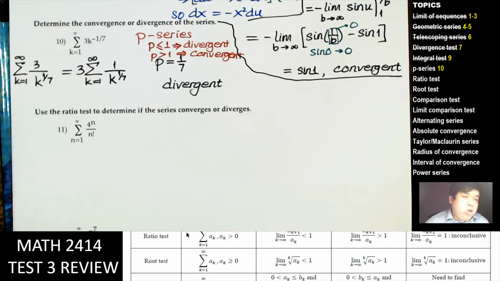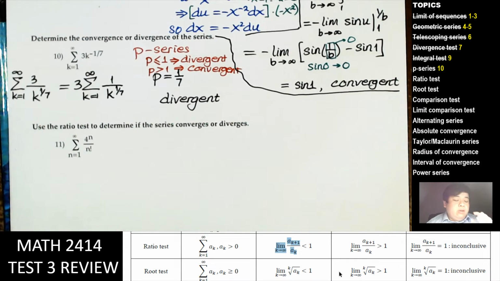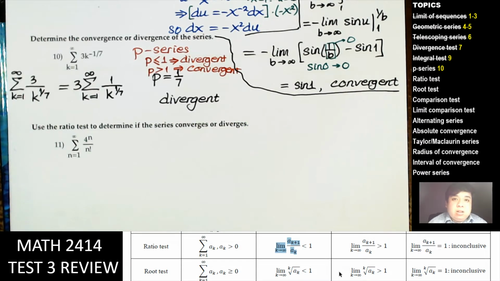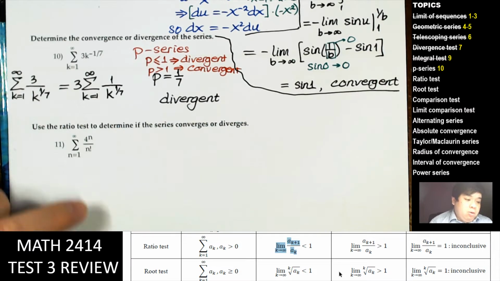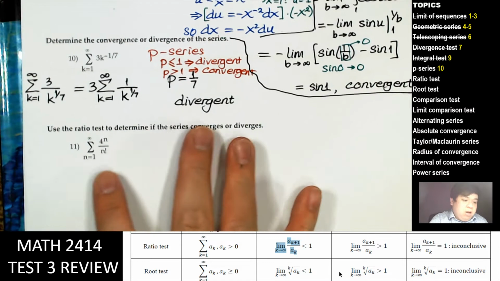So the ratio test, pretty much this is the ratio. We take the ratio of the next term divided by this term. If the limit is less than 1, then it is convergent. If it's greater than 1, divergent. Equal to 1, inconclusive. You can see the formula there. Of course, all the terms are positive. Usually we use the ratio test when we have factorials or powers, something like this.